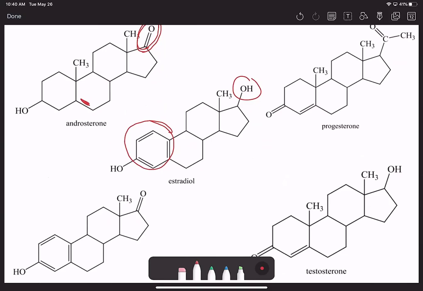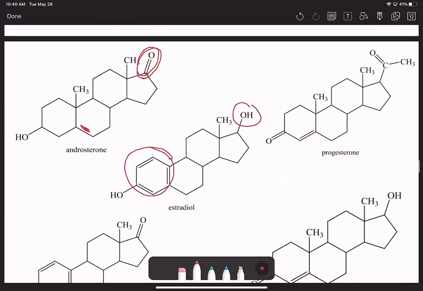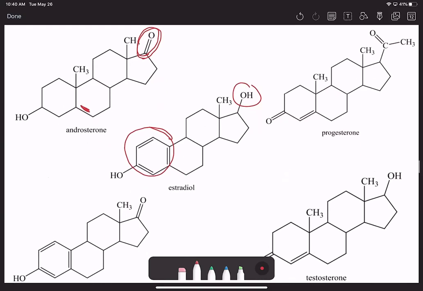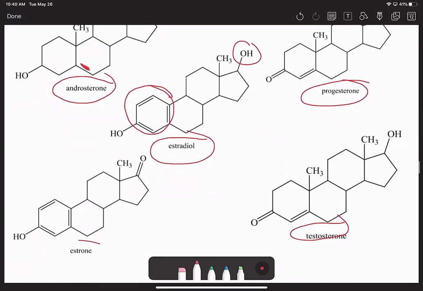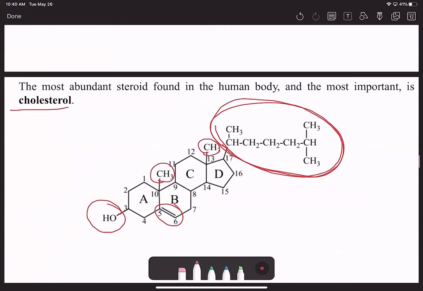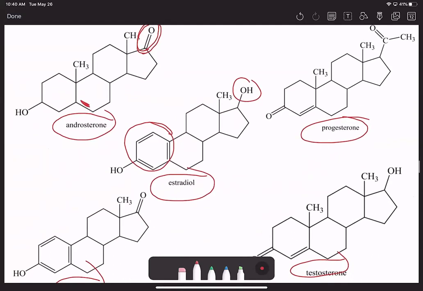So this is what makes all of our steroids different. You don't have to memorize these structures. I'm not going to take a picture of these structures and put them on the exam, but you do have to know these names. You have to know that these are steroids, including cholesterol. Right. So you don't have to know the structure, but you do have to know the names of these particular steroids.